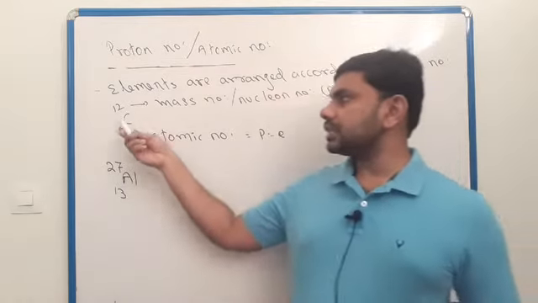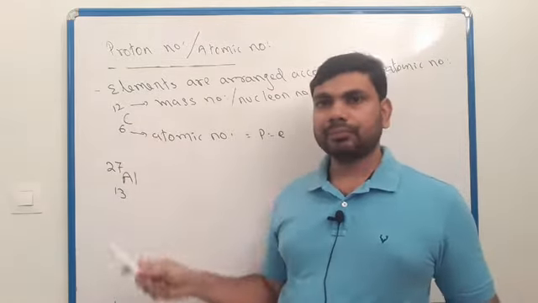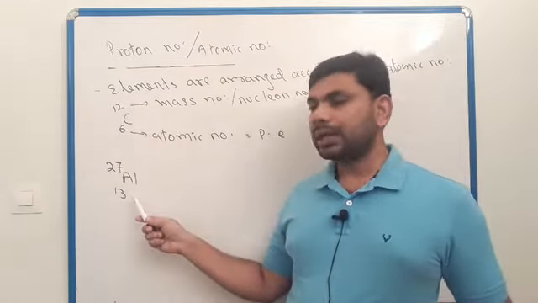For example, carbon 6 and 12, aluminium 13 and 27, oxygen 8 and 16, carbon 6 and 12, nitrogen 14 and 28. From these numbers we will get a lot of information.